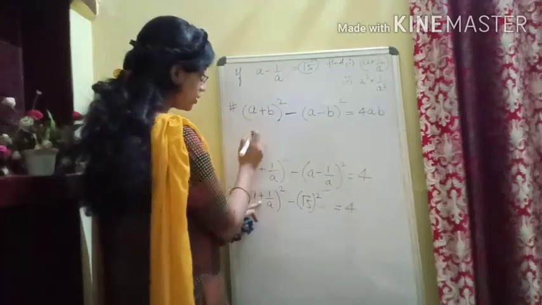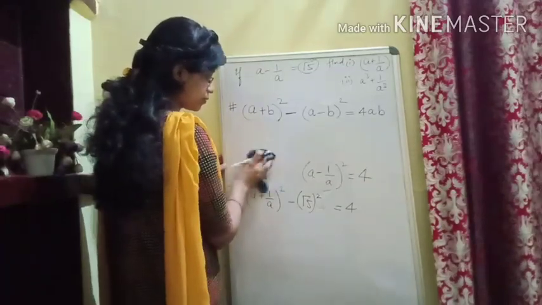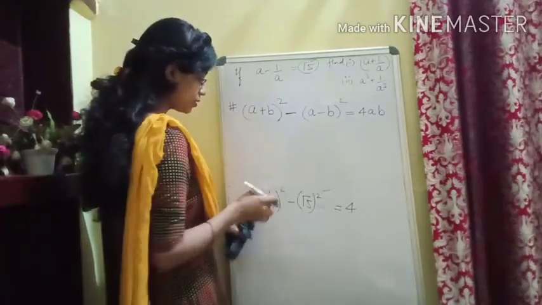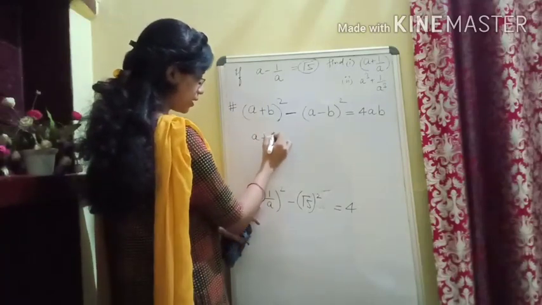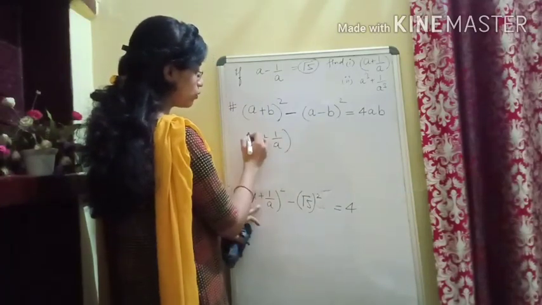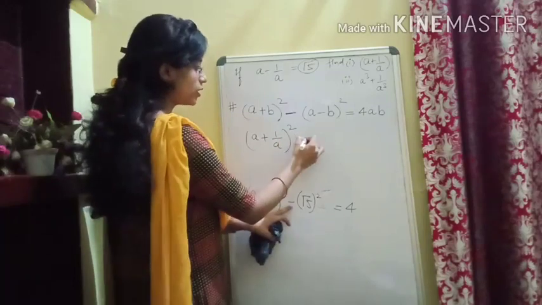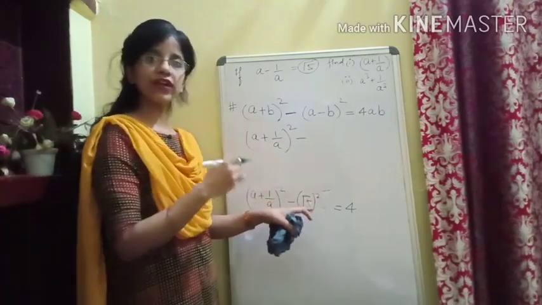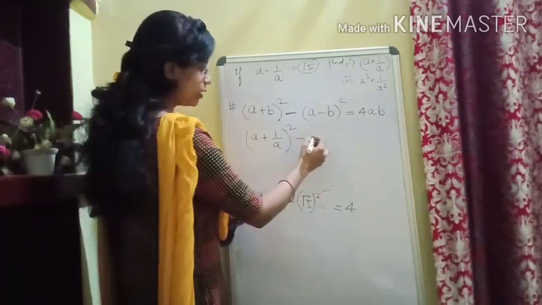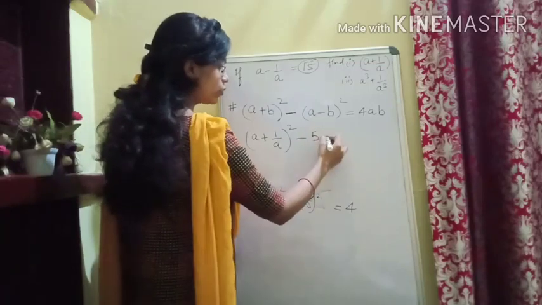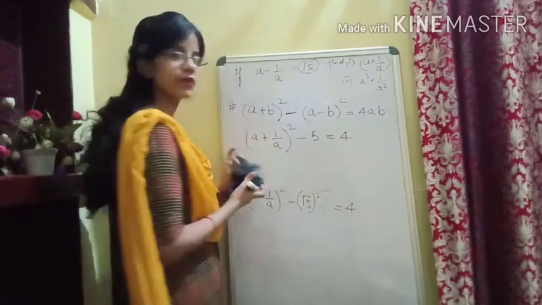Now I am going to rub this. Here we want this term, so we will be writing it like that: (a plus 1 upon a) whole square minus root 5 square, which is root 5 into root 5, will give you simply 5, equals 4. Clear?